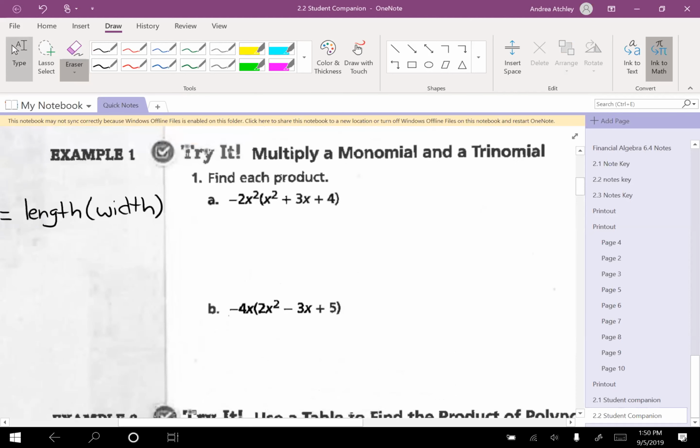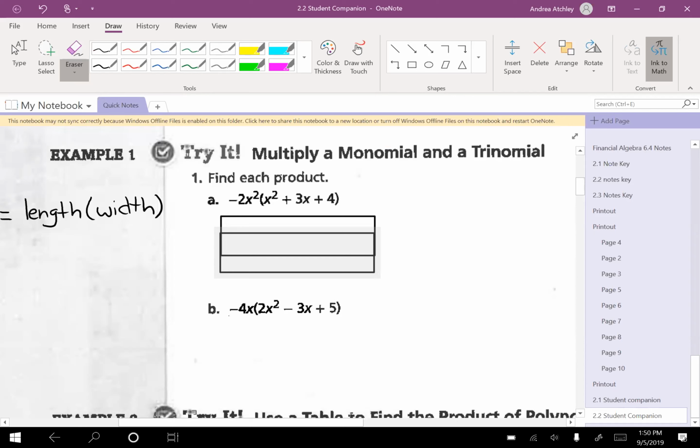In order to do that, we're going to draw a box here, and I'm going to divide it into little pieces. So my width here is the negative 2x squared. The length is the x squared plus 3x plus 4.